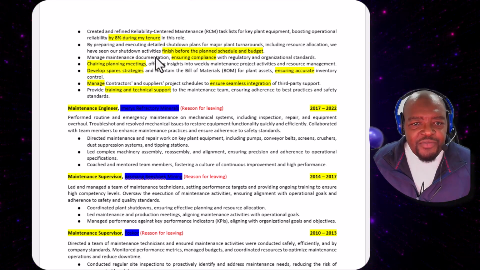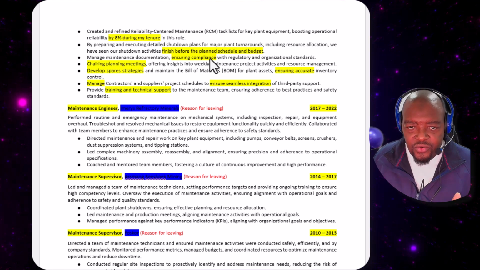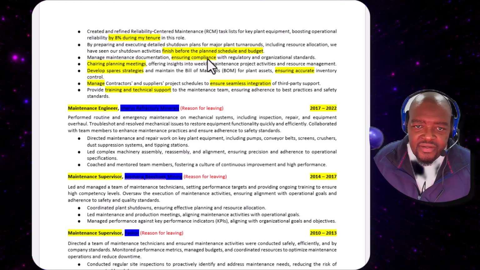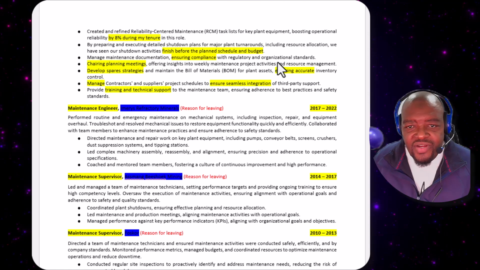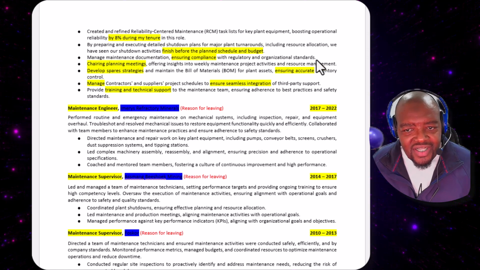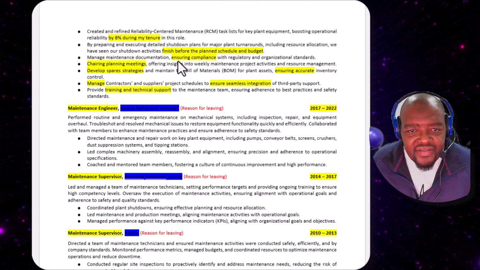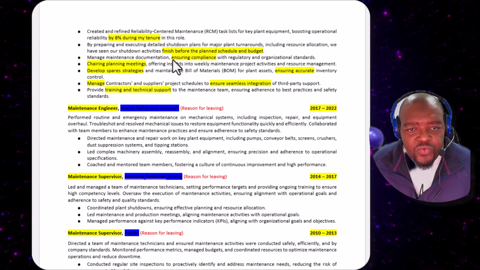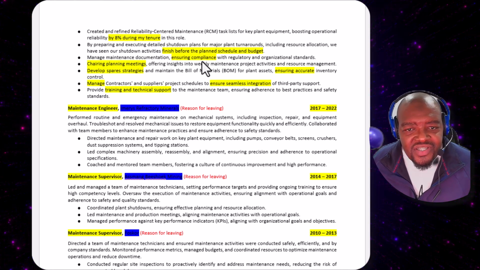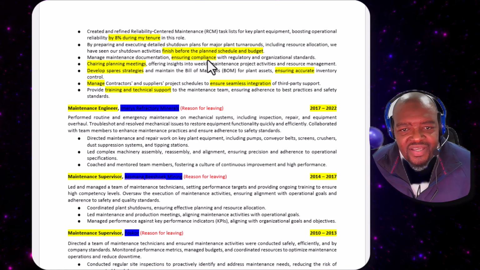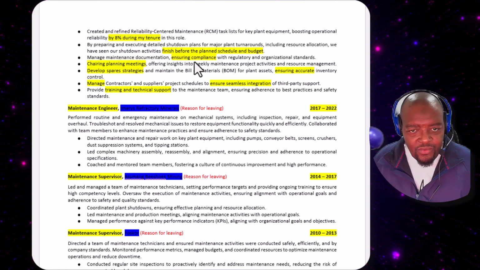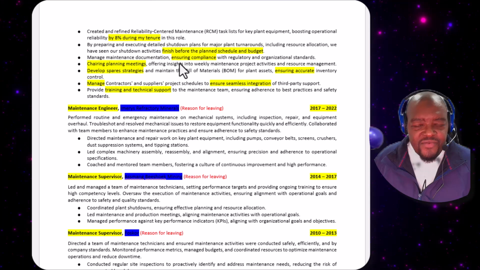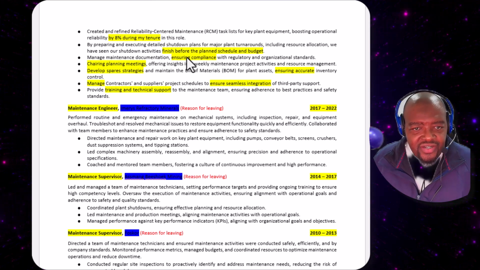Perfect. Manage maintenance documentation, ensuring critical compliance with regulatory and organizational standards. This is excellent. We want to see that this guy is not just a maintenance supervisor, not just a maintenance engineer, but he's familiar with documentation, he's familiar with the regulation.